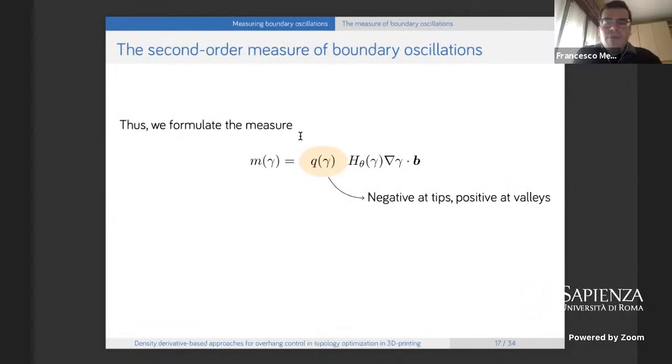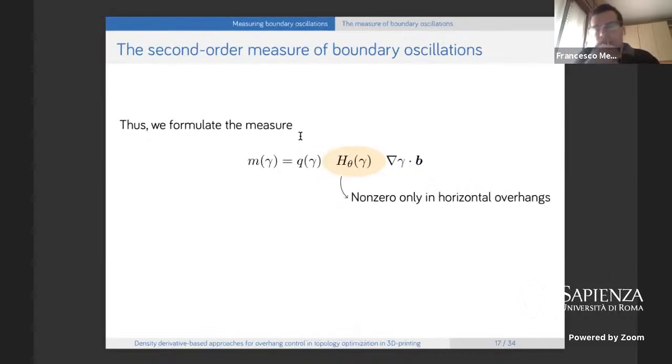We have Q of gamma, which is simply the quadratic form we have seen in the previous slide. And it is negative at tips and positive at valleys and at top parts of holes. Its role then is to allow us to distinguish between these two situations, tips and valleys.